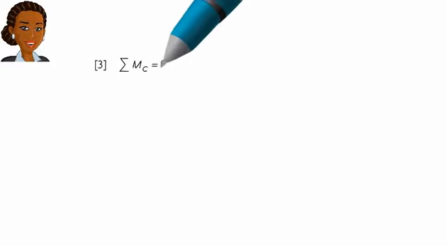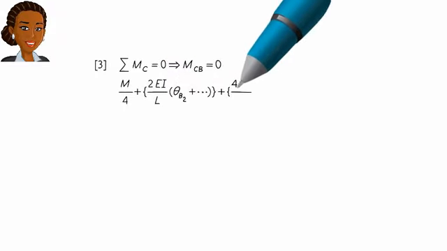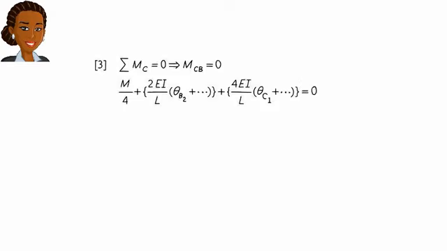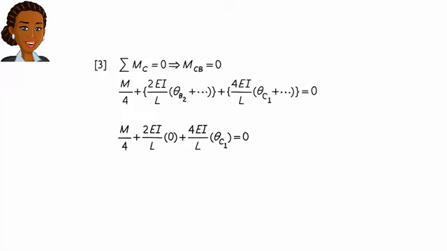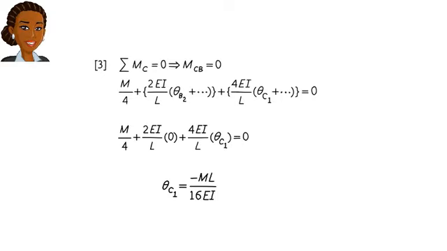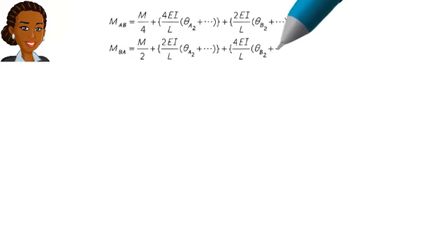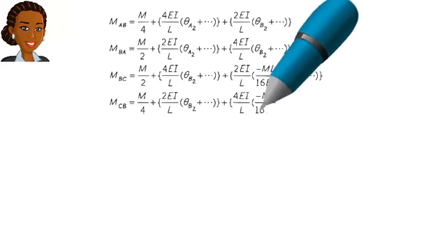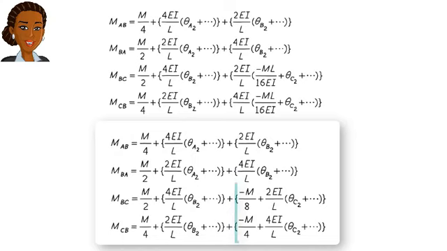In step 3, we use the third equilibrium equation to determine theta C1. Here is the equation in expanded form. Since we are calculating theta C1, we set theta B to 0. This gives us... solving the equation for theta C1, we get... substituting this in the most current version of the slope deflection equations, we get... or... here are the incremental moments for BC.